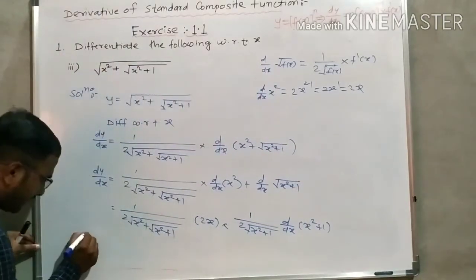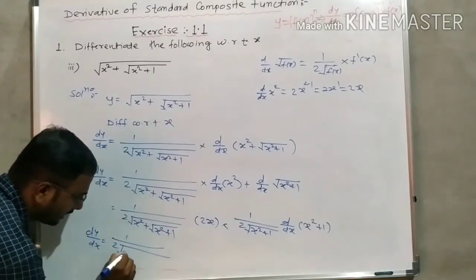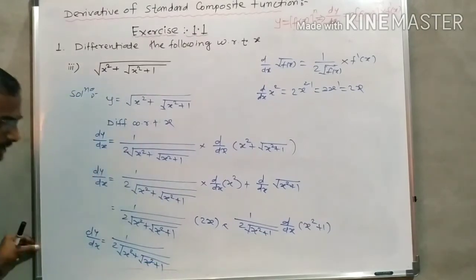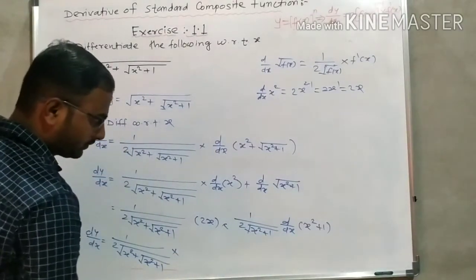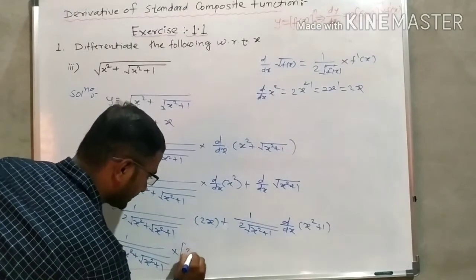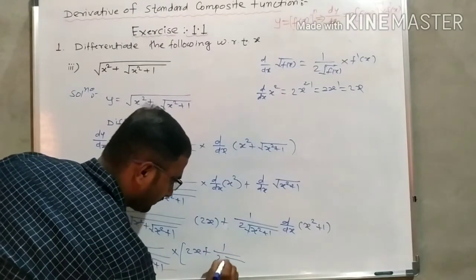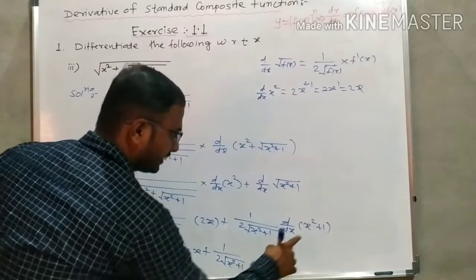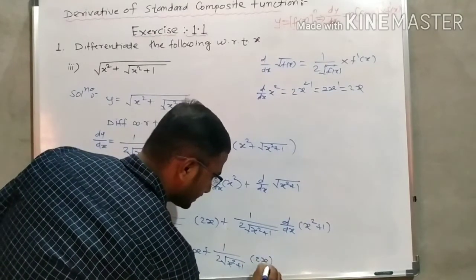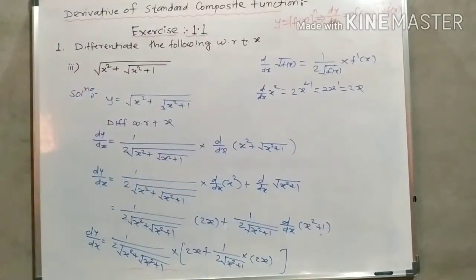So dy by dx is equal to 1 upon 2 square root of x square plus square root of x square plus 1 into 2x, as it is, plus 1 upon 2 square root of x square plus 1 into the derivative of x square, which is 2x, plus the derivative of 1, which is 0.